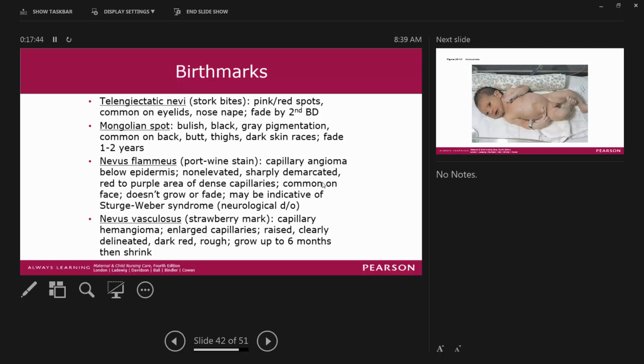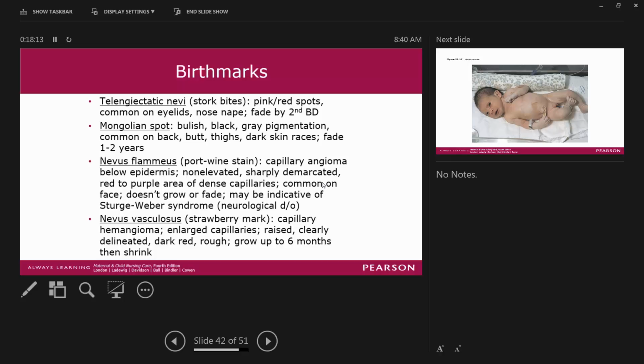And then similar is the nevus vasculosus, strawberry mark. These are capillaries right under the skin that get enlarged, and these can actually raise. You can feel them up above the skin. These can grow to big, huge, bright red looking moles on steroids.